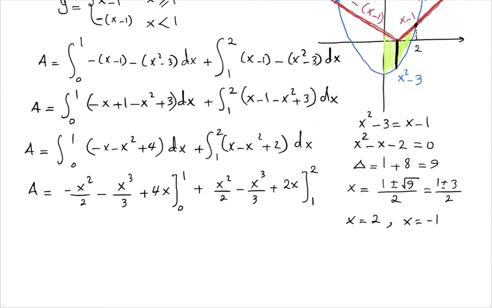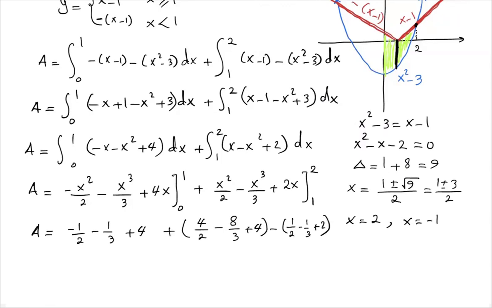So your A is equal to, let us plug in 1, you get negative a half minus a third plus 4. And if you plug in 0, everything becomes 0, so I'm not really worried about 0 over there. Plus, if you plug in 2 here, you get 4 divided by 2 minus 8 thirds plus 4, minus, when you plug in 1, you get a half minus a third plus 2.